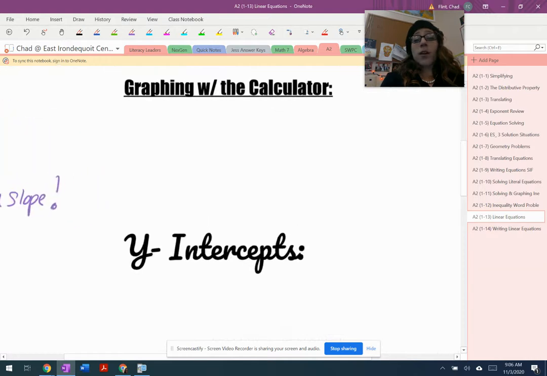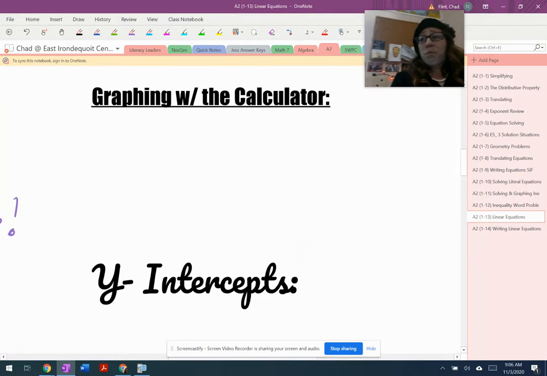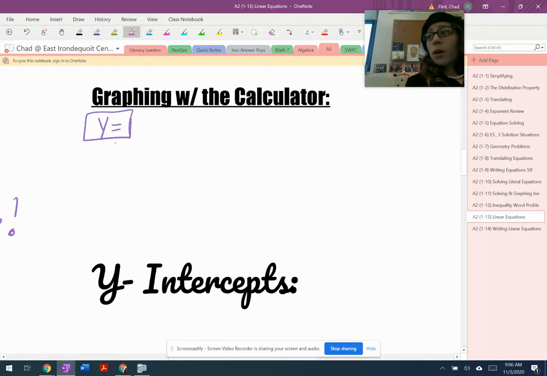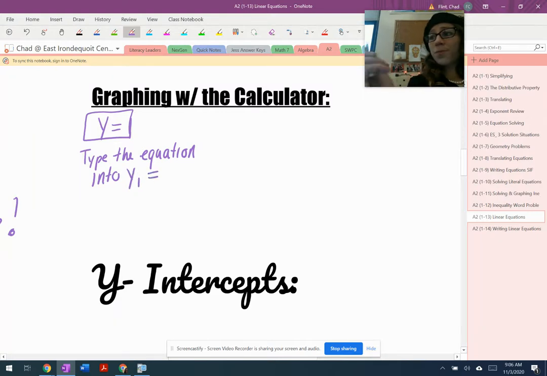If you're graphing with the graphing calculator, you are going to do y equals, and you are typing the equation into y1 equals, and then you are hitting the graph button.